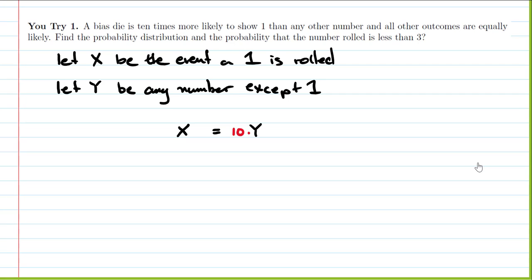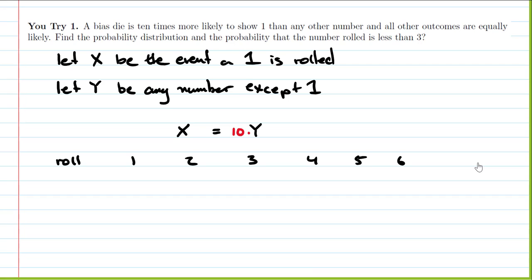The second equation that we come up with needs to be that the sum of all possible events in the space is 1. So what are the possible events in our space? Well, we can roll a 1, a 2, a 3, a 4, a 5, or a 6.